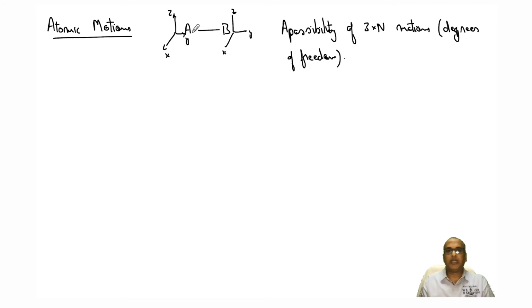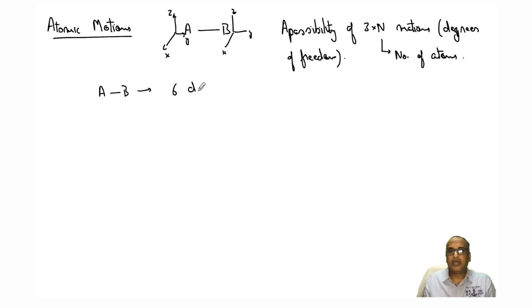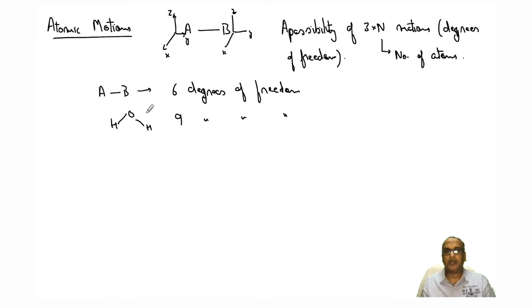For example, a diatomic molecule AB will have 3 into 2, so 6 degrees of freedom. Similarly, a triatomic molecule, let's say water, will have 3 into 3, 9 degrees of freedom, right? So you can easily calculate how many possible motions, or different types of motions, are possible.